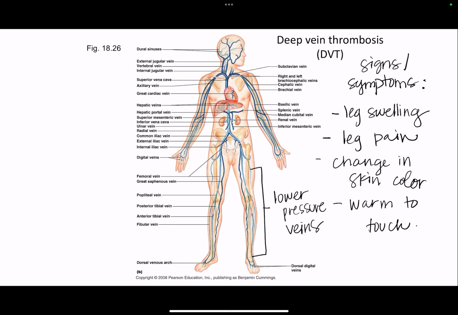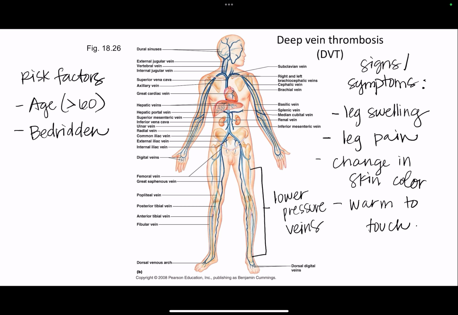But risk factors of deep vein thrombosis include your age. If you're greater than 60, you're more likely to develop deep vein thrombosis. If you're bedridden, because if you're laying down for long periods of time, your blood isn't circulating as well as it should. It can pool in the legs, and when your blood pools or stays in one place longer than it should, it's more likely to form clots.